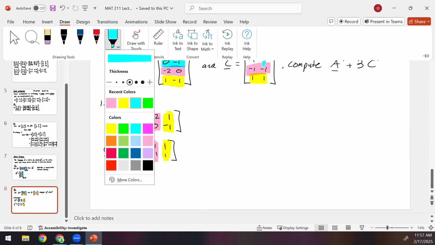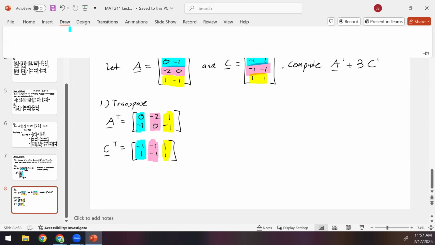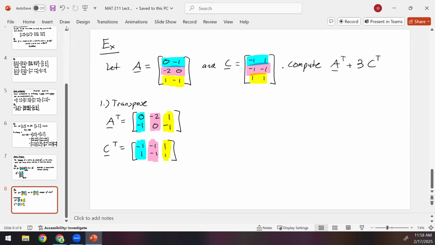There we go. So now we have our transposes, okay? Now, could you multiply the number first and then take the transpose? Absolutely. That would still work because it doesn't affect the order of operations there, but I would always recommend doing the transpose first. Step 2, plug in.